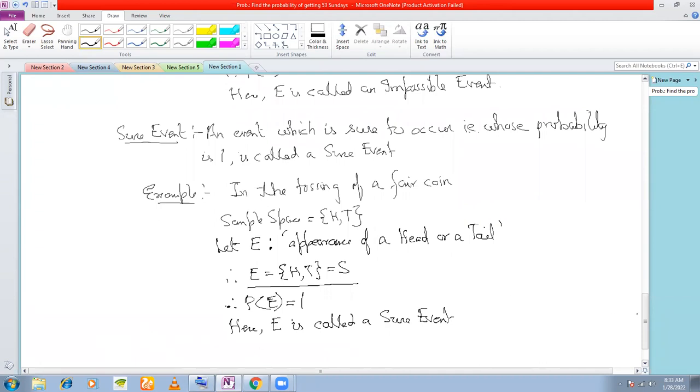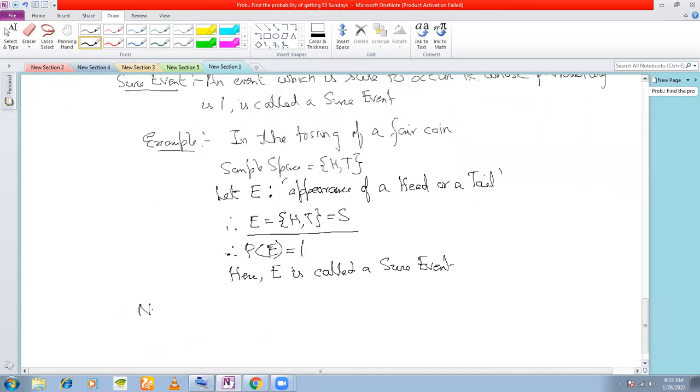Now, if I ask you one question: in the tossing of a coin, if I define the event E1 as appearance of a head, is E1 a sure event? No, because a tail can also occur. That is why, when defining the event as appearance of head or tail, it becomes a sure event.